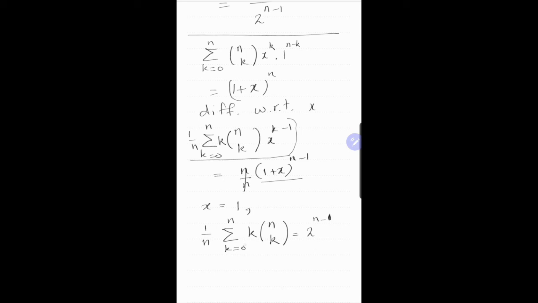Okay, and without loss of generality, you can change this summation to start from 1, because k equal to 0 will make this term 0, right? And if I put x equal to minus 1, I can say 1 over n, the summation from k equal to 0 to n of k nCk times minus 1 to the k minus 1, is equal to 1 plus minus 1 to the n minus 1, which is equal to 0.